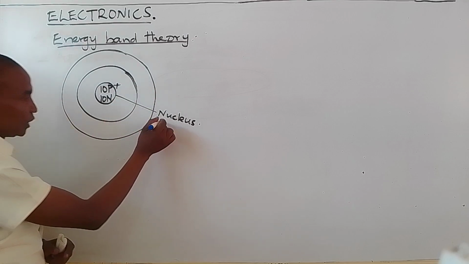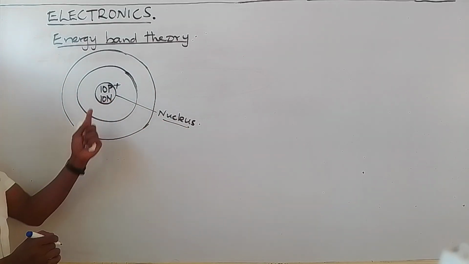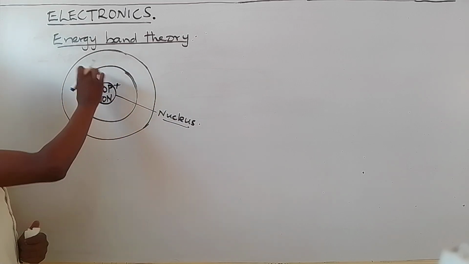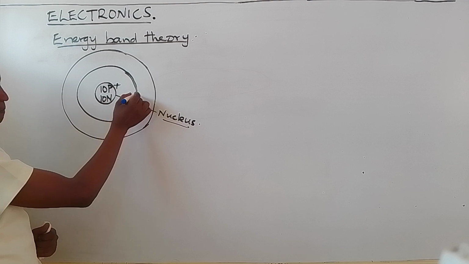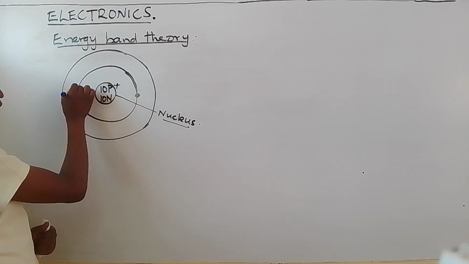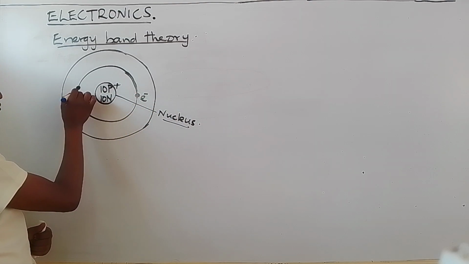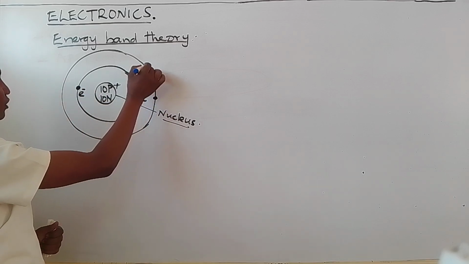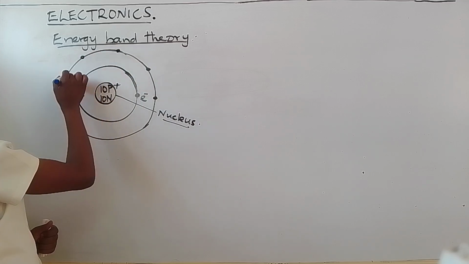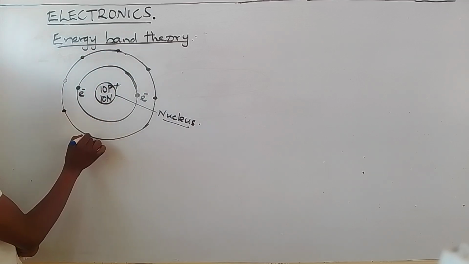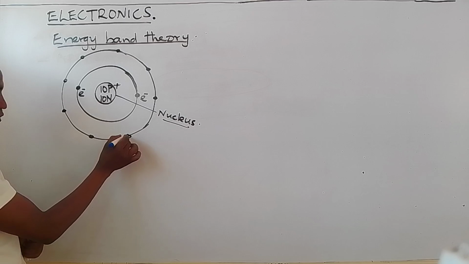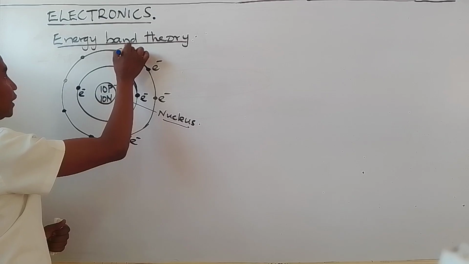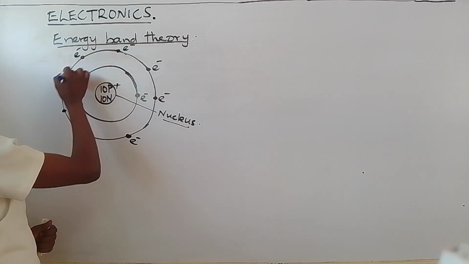Around this nucleus, we shall have electrons moving at different energy levels. The first energy level carries 2 electrons maximum. Then the second one carries a maximum of 8. So this is a completely filled energy level for neon.